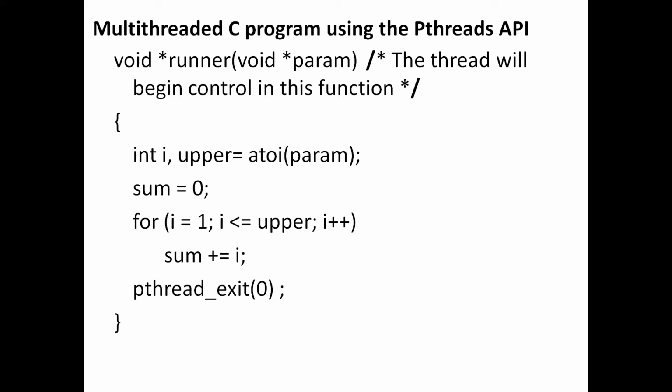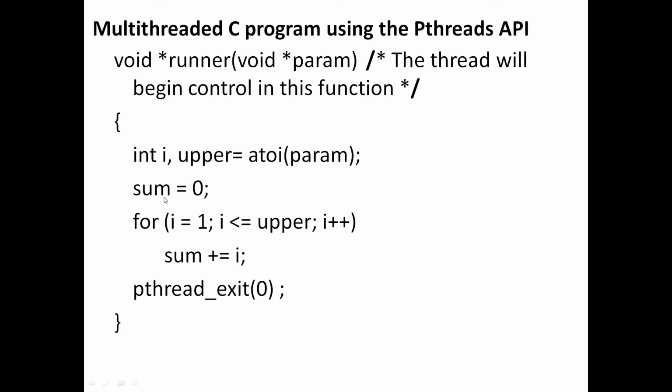It is a pointer method, and it has a pointer parameter. This runner method will be used to write the complete thread logic. Our complete thread logic will be written inside this runner function only, and the thread will begin its control in this runner function itself.